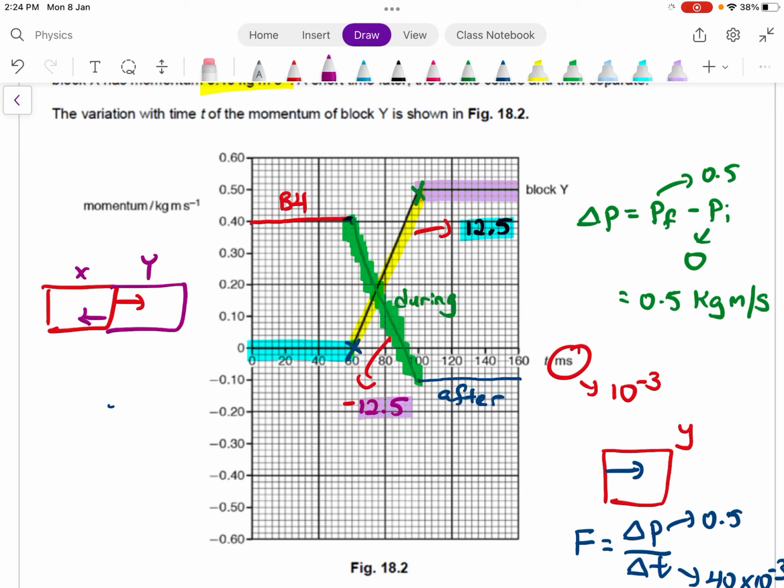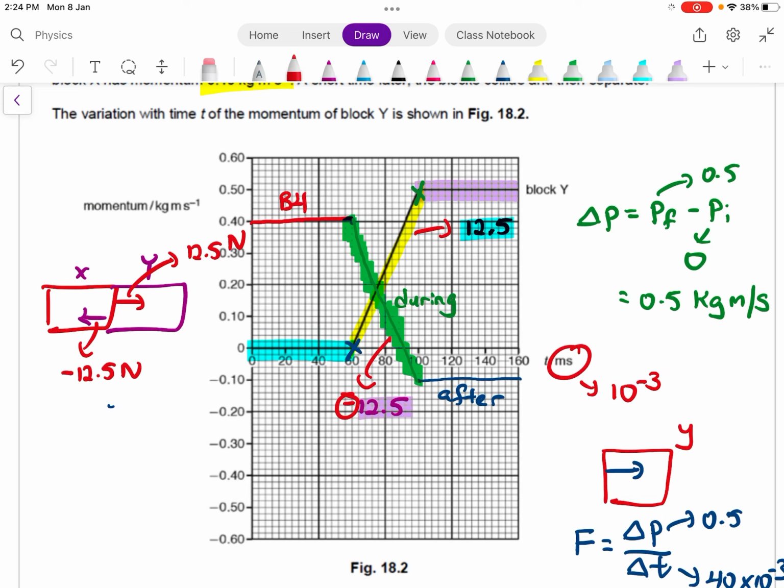The direction actually indicates the sign, meaning that this is the negative, which is consistent with our diagram. So this is negative 12.5 Newton. Then this will be 12.5 Newton. So that is how we analyze a momentum-time graph.